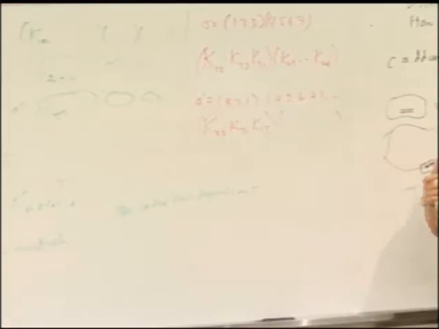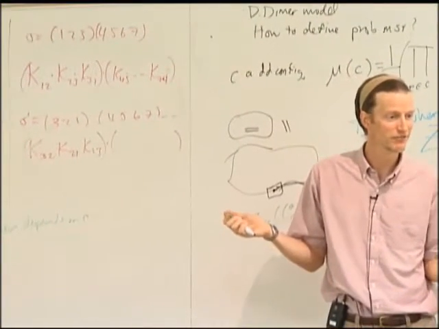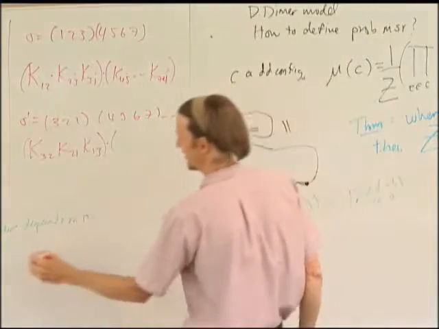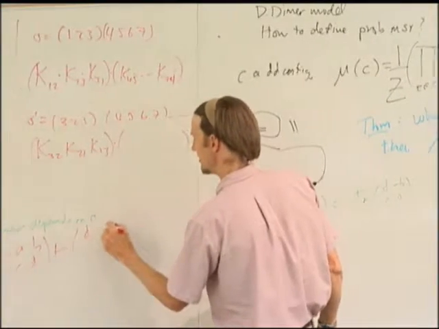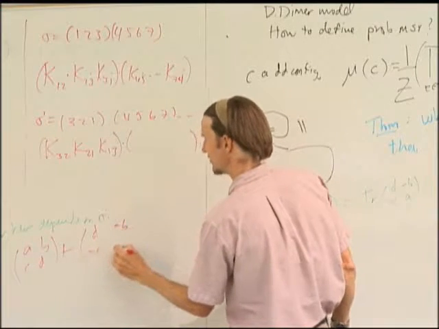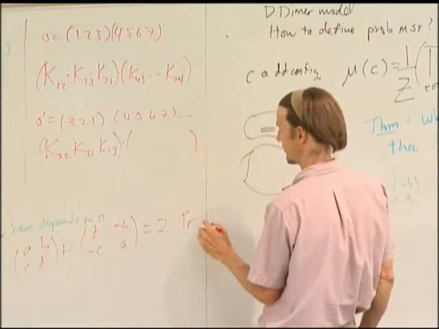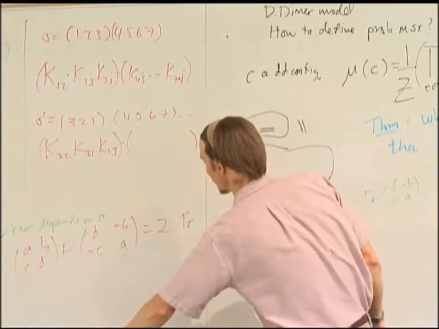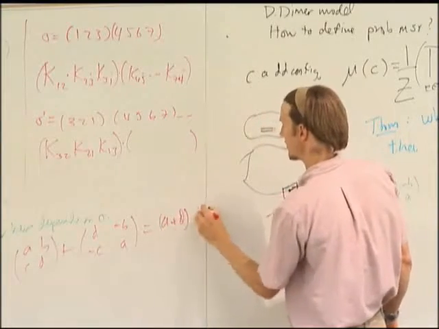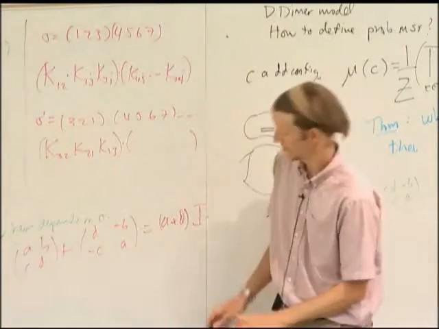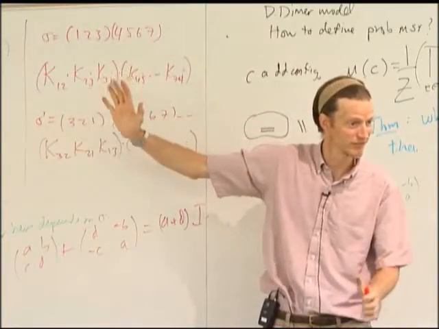And when I take a matrix and add it to its dual matrix, what do I get? If I take A, B, C, D plus D, minus B, minus C, A, I get the trace times the identity, A plus D times the identity matrix. So you see, this factor now is just a scalar.